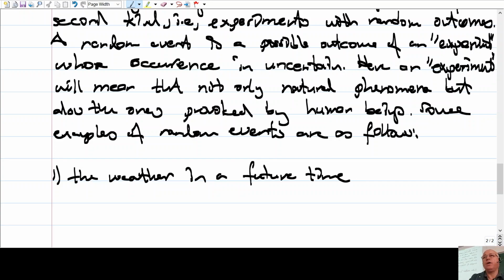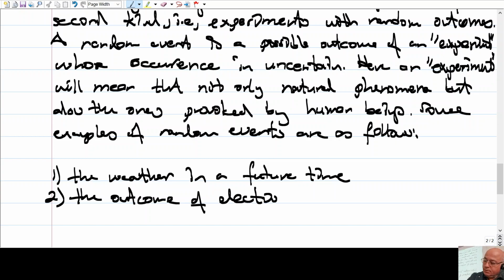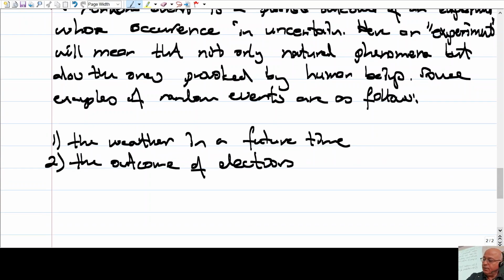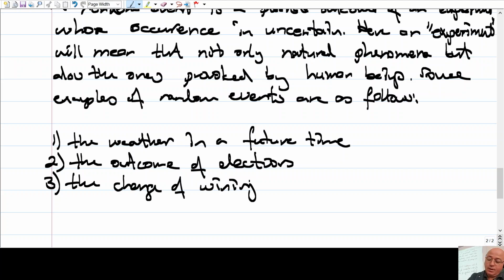Weather forecast. How will the weather be tomorrow or a week later? The outcome of elections. Well, I guess it depends, right? The chance of winning at blackjack.